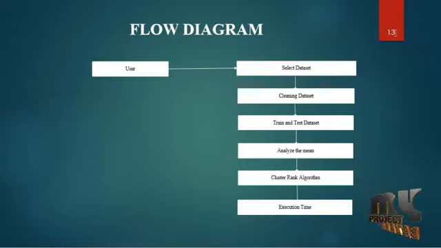So we specify the rank algorithm on the iris dataset, the eye disease dataset. So we are predicting the eye disease using the cluster rank algorithm. This algorithm is the important thing of this project. We predict the cluster rank using the iris dataset and finally measure the execution time of the overall process.